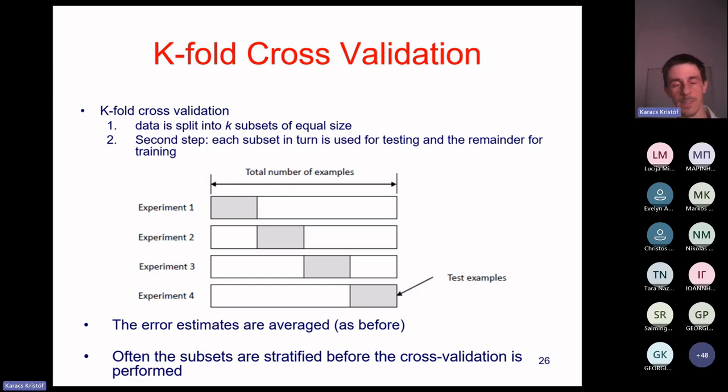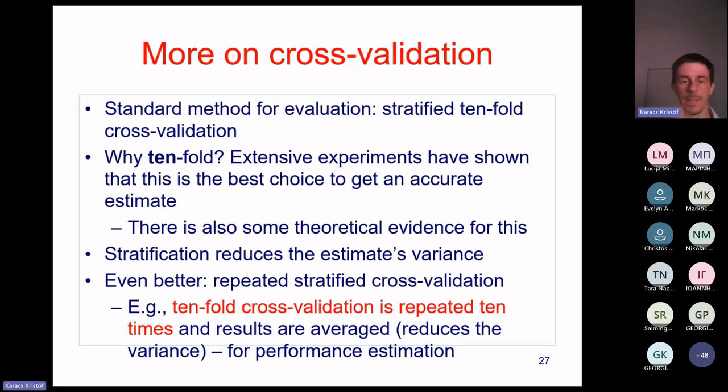So what data scientists typically do is to shuffle the data set before they launch the k-fold cross-validation. And this will ensure a similar level of randomness to the repeated holdout method, at least the way it was visualized there. So this is a very standard technique in machine learning.